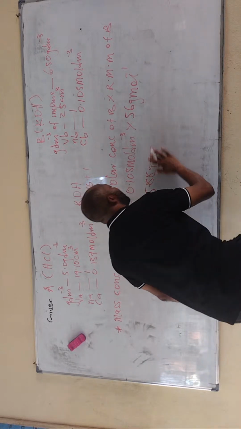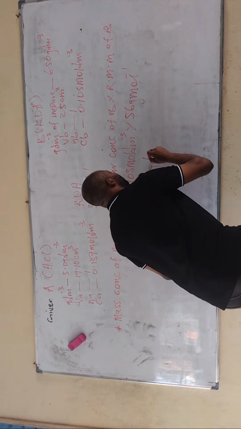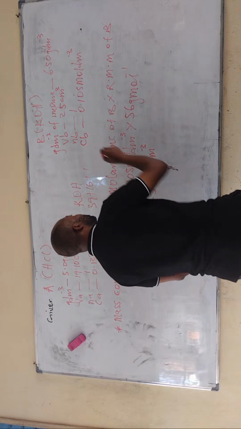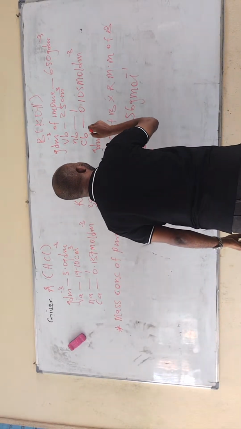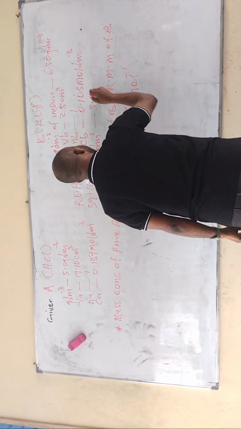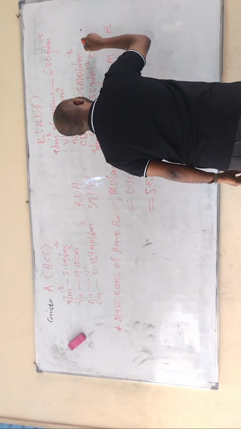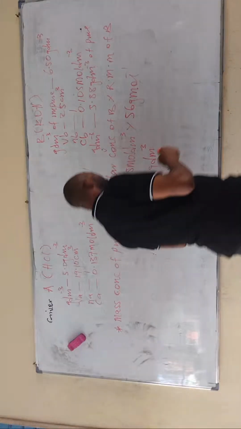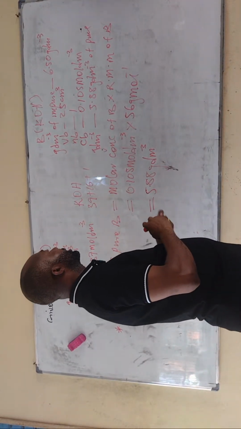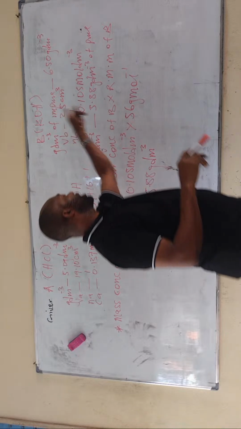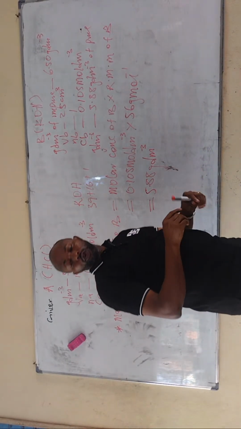G what? DMQ. So this is g per dm cube, which is 5.88 g per dm cube of pure base. Now remember, like I said earlier, this 6.5 must be greater than 5.88. So we are on track.